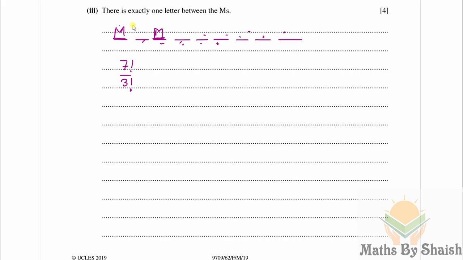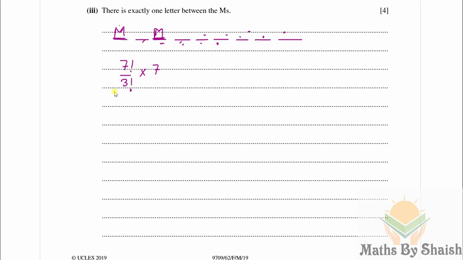So we can fix this position and arrange the two M's in 7 ways. So it is going to be into 7. So 7 factorial by 3 factorial for the rest of the letters, and 7 for the arrangement of these two M's in these spaces.